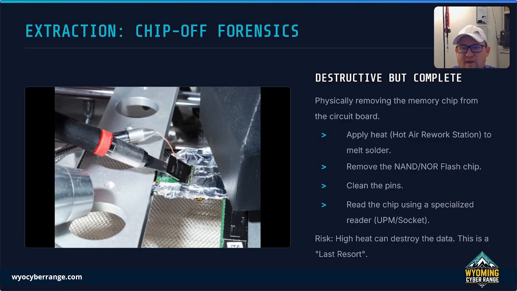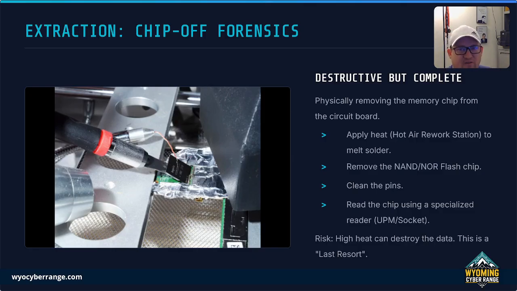Now, when all else fails, we'll perform chip-off forensics. This is a destructive but complete physical extraction. Because we apply heat to melt the solder and we physically remove the memory chip, there is a serious risk of destroying data. It is only used as a last resort. The process involves heating the board, removing the NAND or the flash chips, cleaning the pins, and placing it onto a specialized chip reader so we can read the raw binary data.